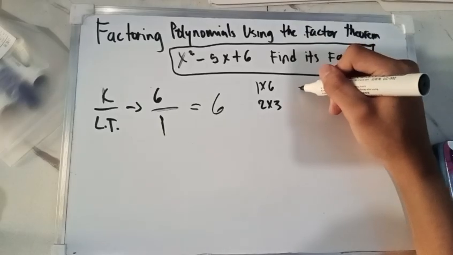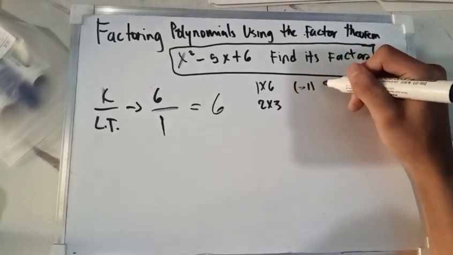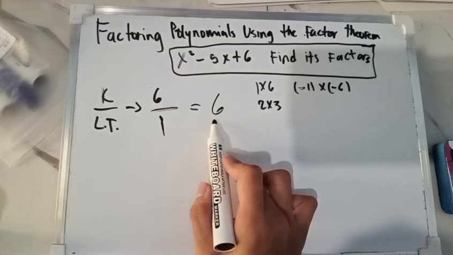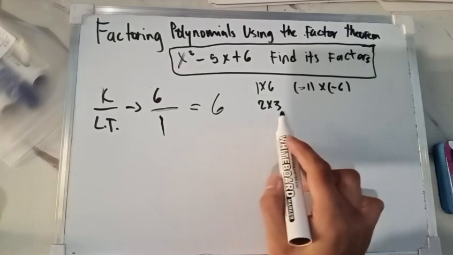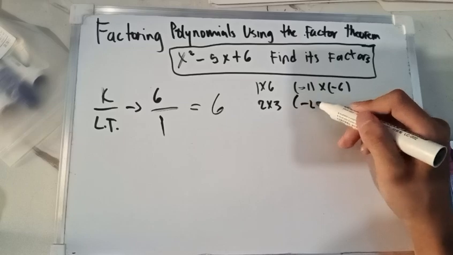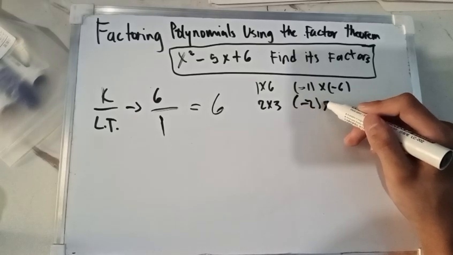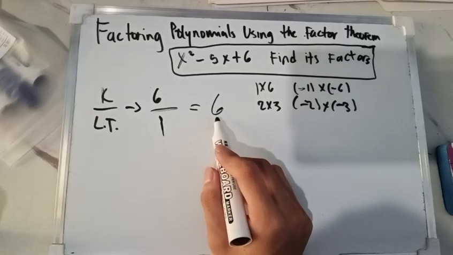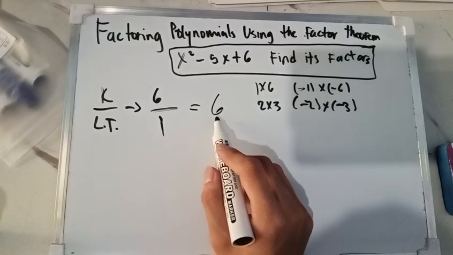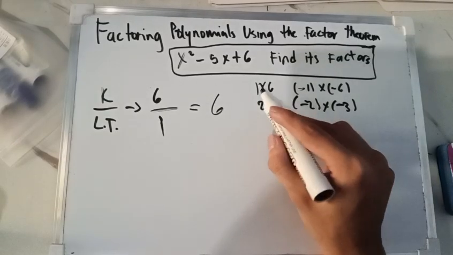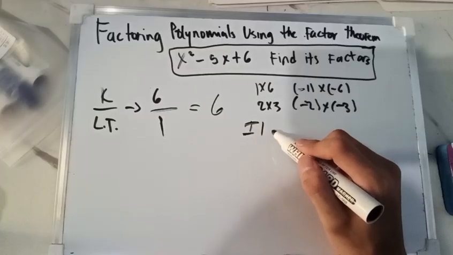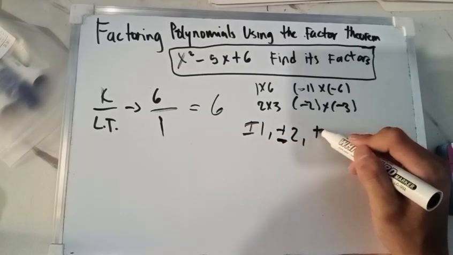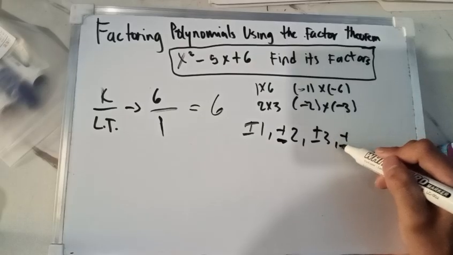We can multiply negative 1 times negative 6 and it will yield 6 also. Therefore the factors of 6 are positive and negative 1, positive and negative 2, positive and negative 3, and positive and negative 6.